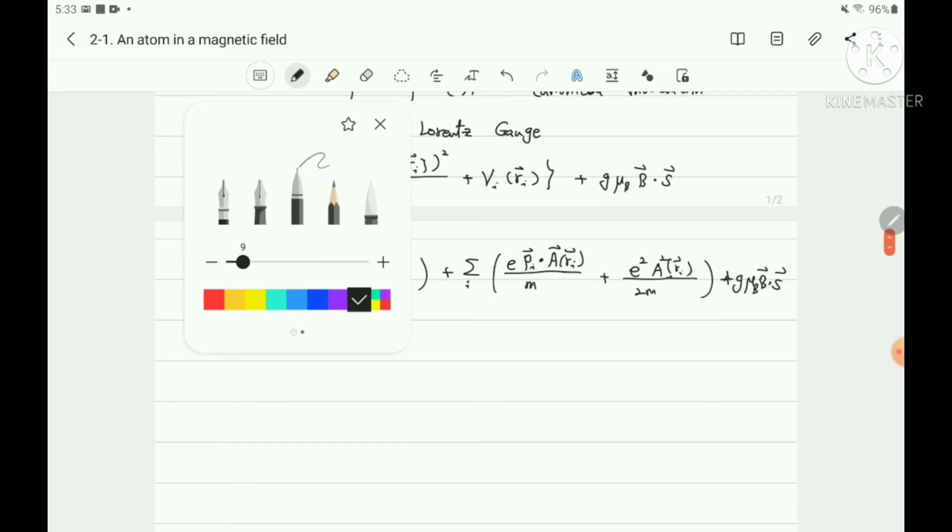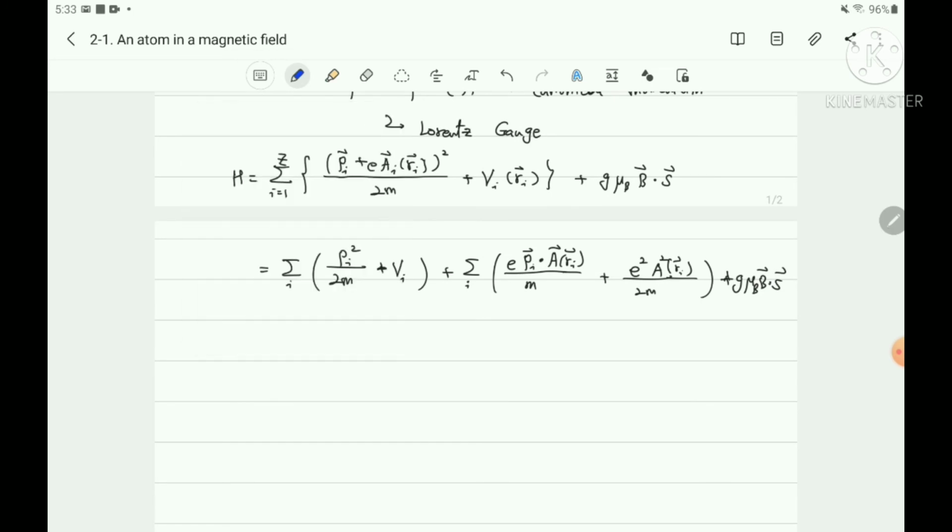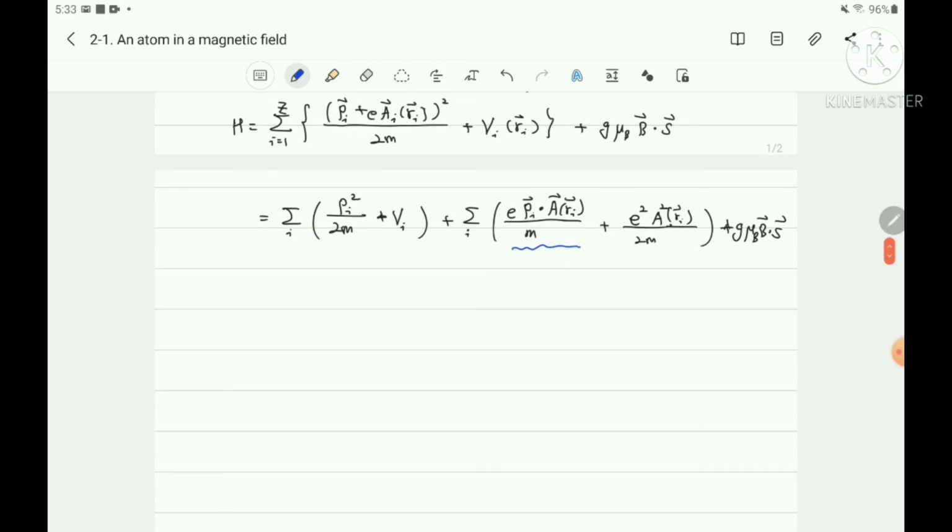Here we should calculate the second term, P dot A. In this case, p_i dot the magnetic vector potential, which is 1/2 B cross r_i. The magnetic field is an applied field parameter, therefore it is irrespective of the single discrete electronic state, so there is no need for the subscript.